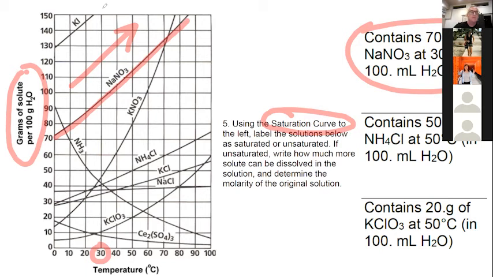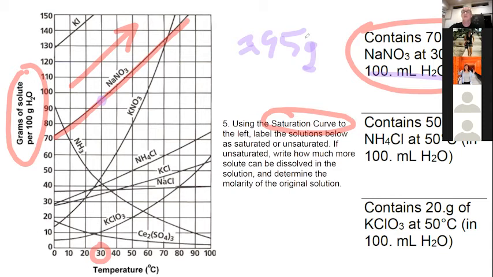Going up from 30, it crosses about right there, which is pretty much midway between 90 and 100. So the solubility is around 95 grams per 100 mL of water.